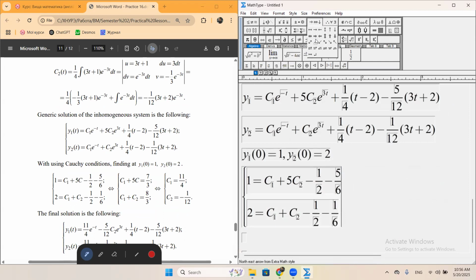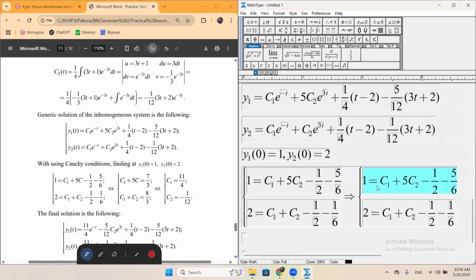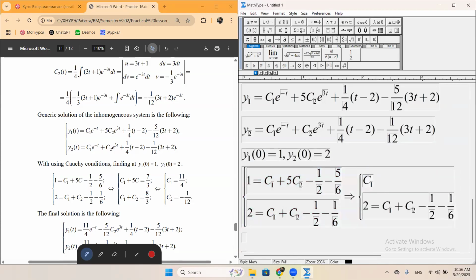the solution of the system with respect to C: C1 equals 11/4, and C2 equals minus 1/12.